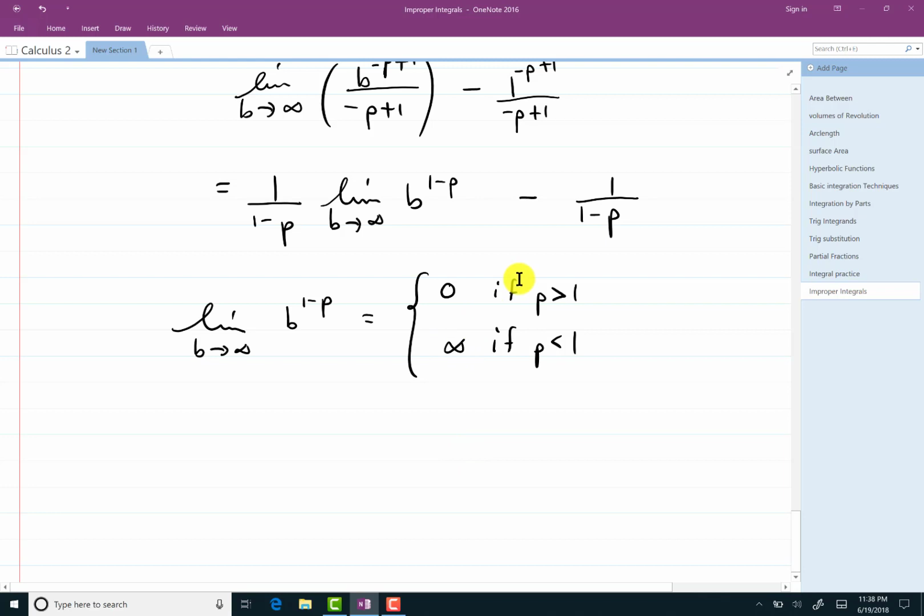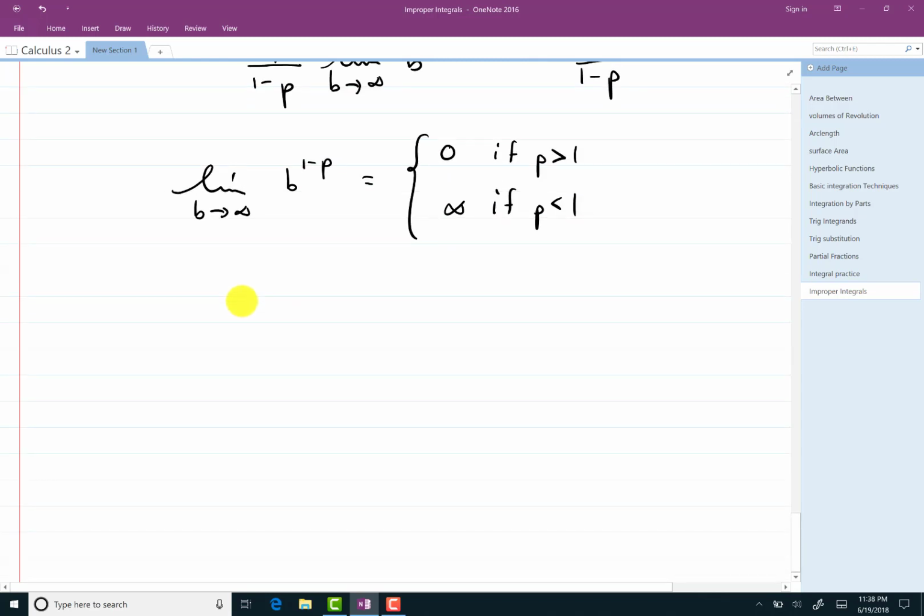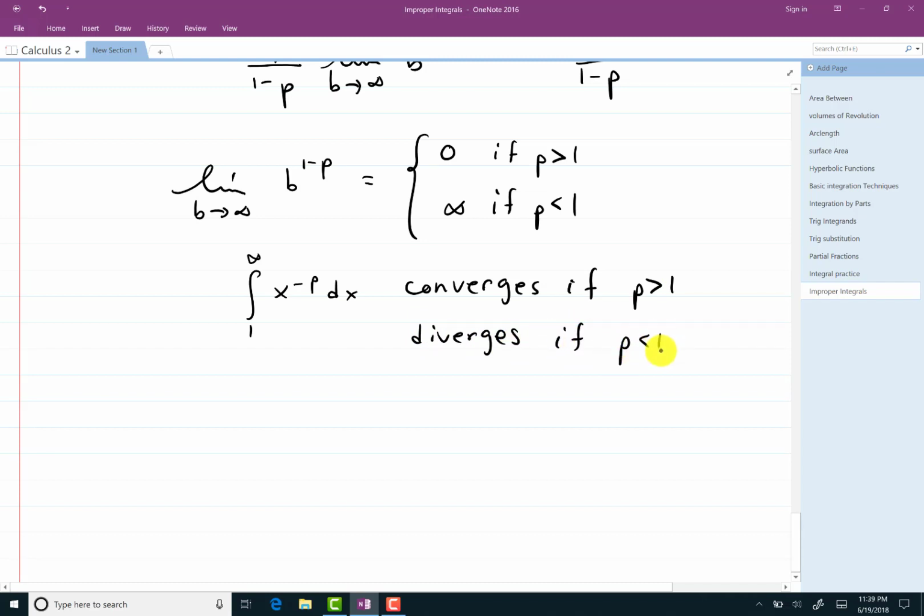What that means is that the integral of x to the negative p dx from 1 to infinity converges if p is greater than 1, and it diverges if p is less than 1. That's pretty simple.